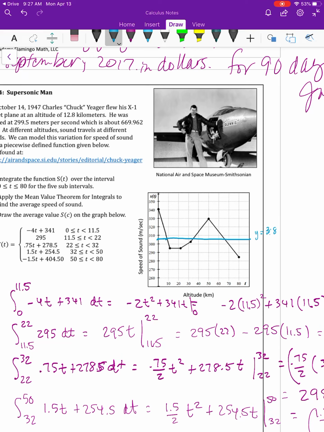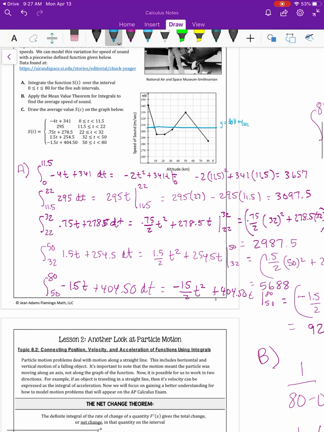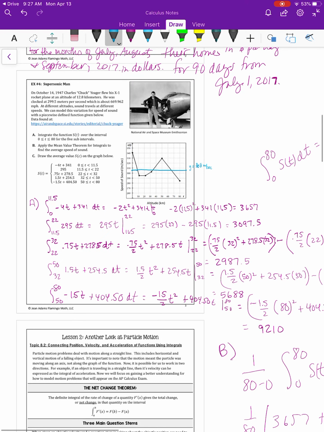And that's your y equals 308 meters per second. Okay, so you can see that that's like the average. So that's a good way to check yourself. Make sure your math's right.